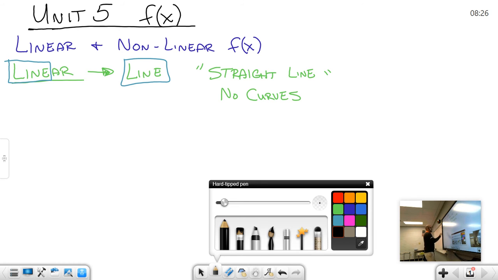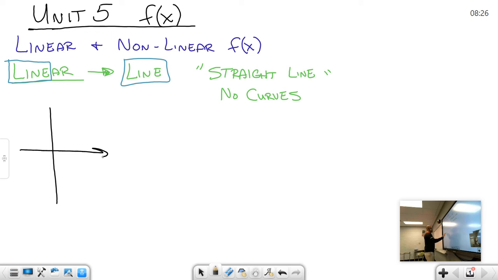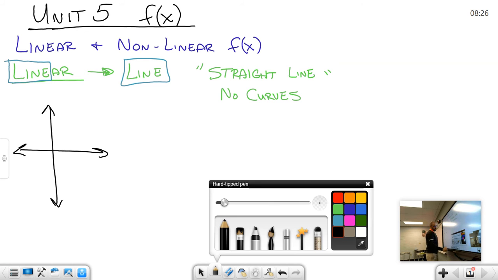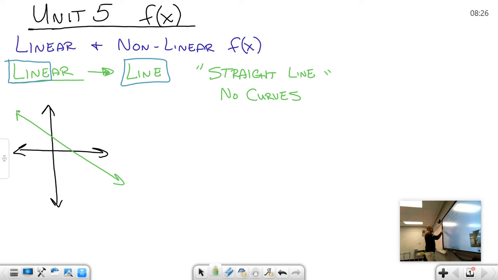If I was to graph that, it would look something like this. If I sketch a little graph here, my linear function, assuming that's a straight line, we'll just say it is. I know I can't draw a perfectly straight line. That function right there is linear. If I gave you this graph and asked, is this linear? It's a straight line. You're good. It's linear.